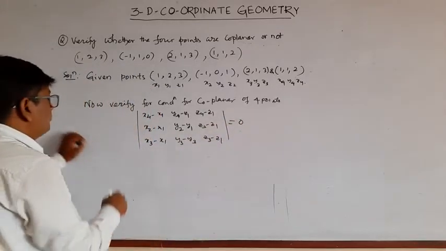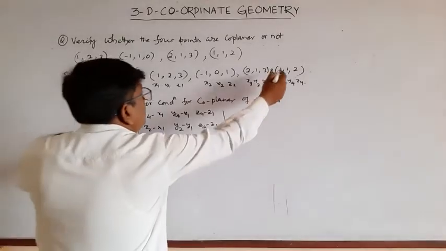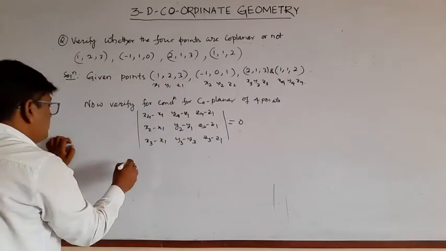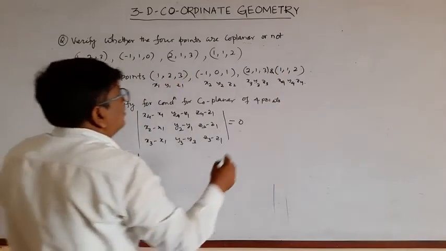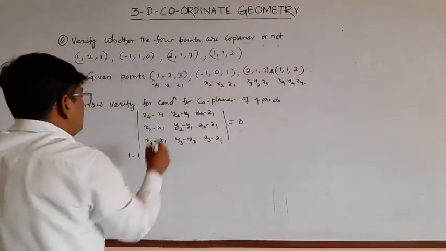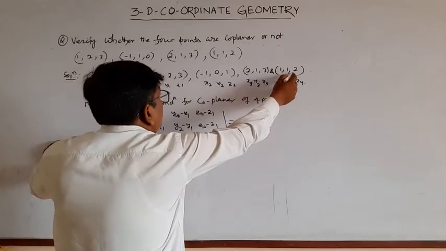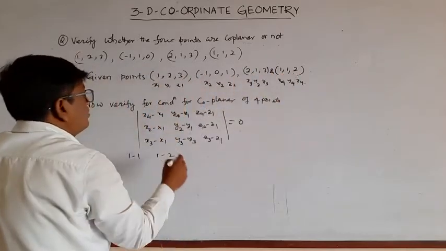So now x4 minus x1, 1 minus 1, y4 minus y1, 1 minus 2, z4 minus z1, 2 minus 3.